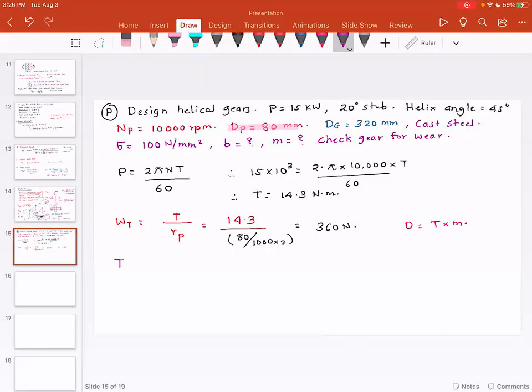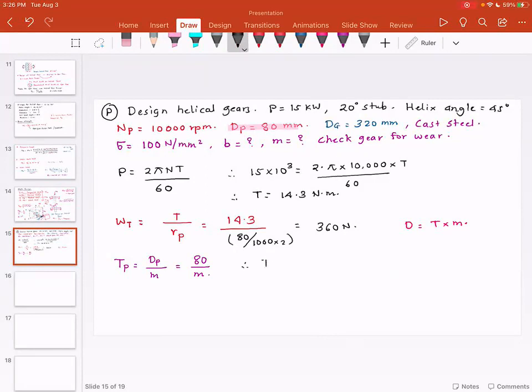TP is equal to dP divided by M. dP is 80 M, and please note that I'm assuming module to be in millimeter. The diameter is also in millimeter.